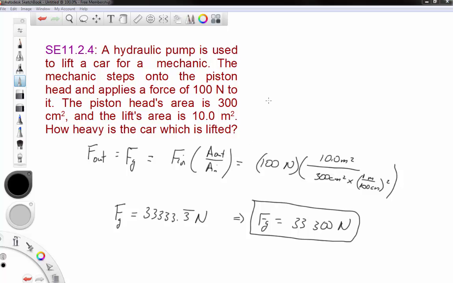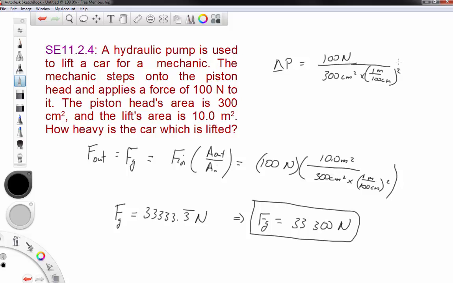Specifically, the pressure increase, if you wanted to find it, delta P, would be 100 newtons divided by 300 centimeters squared times (1 meter per 100 centimeters) quantity squared.